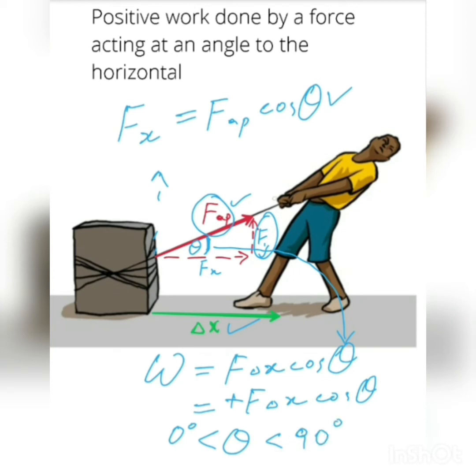So it means for this instance, where a force is being applied at an angle to the horizontal, again we are doing positive work, meaning this object is going to gain energy, or energy is going to be added into it. And which type of energy? It is of course going to be the kinetic energy.